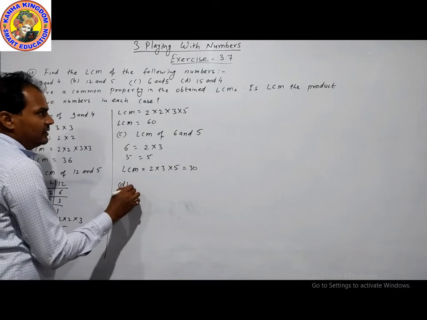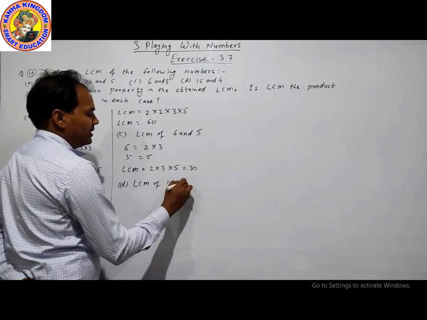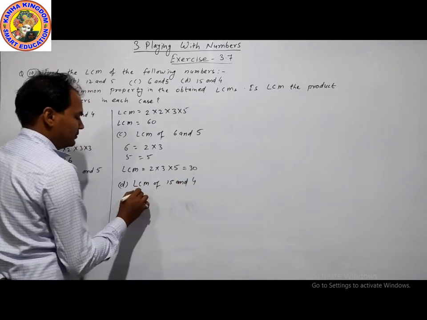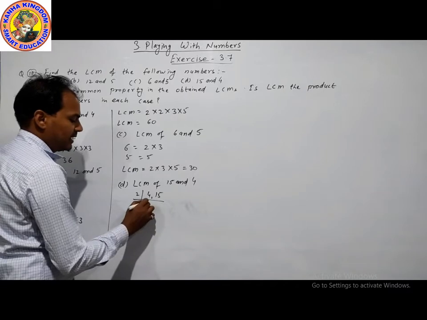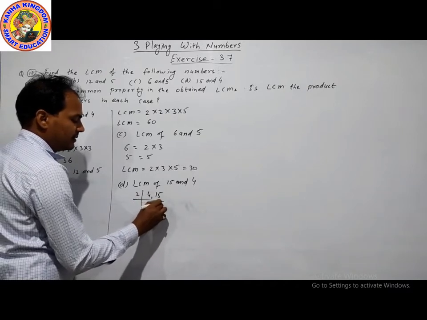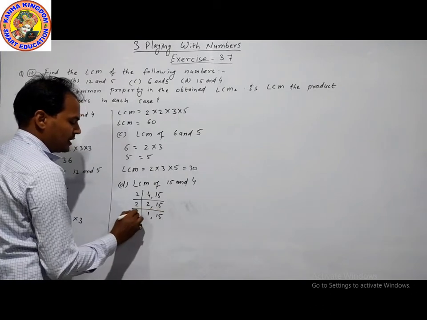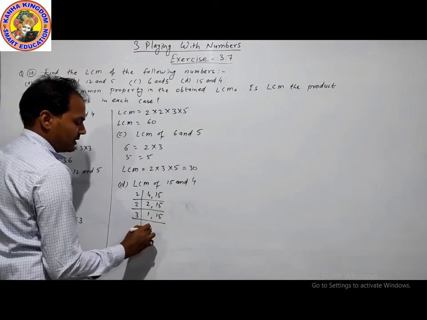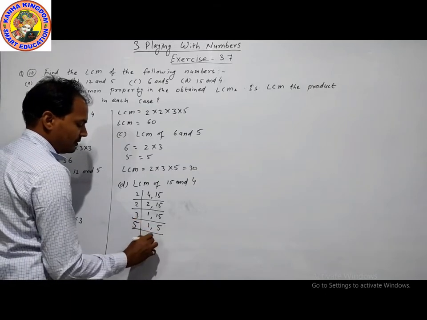Now taking part D, the LCM of 15 and 4. First of all, dividing by 2, 4 and 15: 2 times, 15 cannot divide. Dividing by 2, 1, 15, cannot divide. Now dividing by 3, 1, 5. Dividing by 5, 1 and 1.